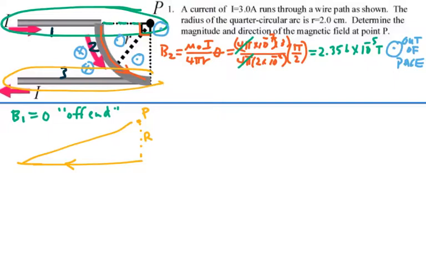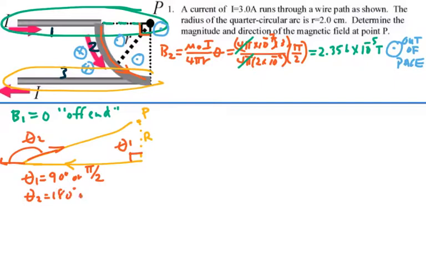Our first angle then is going to be this angle right here, so that'll be theta 1, and our second angle will be this angle right here from the current direction and the vector pointing back to the point is what we're looking at, and that's going to be theta 2. So as we go semi-infinitely long in that direction, we have that theta 1 is 90 degrees, or pi over 2, and theta 2 is 180 degrees, or just pi. Sounds good.